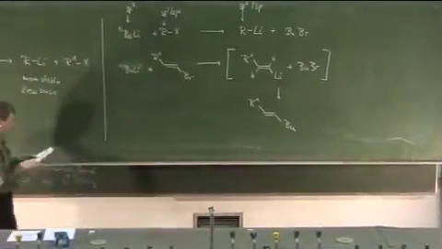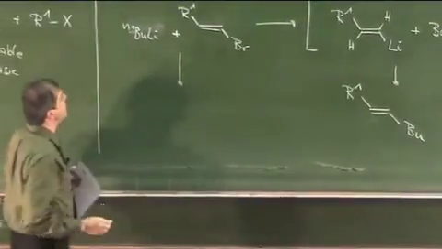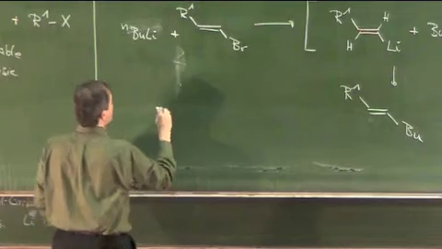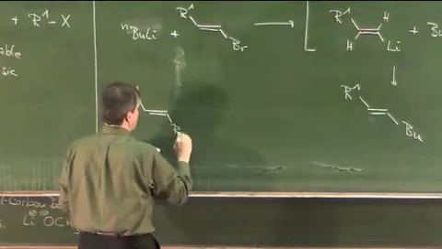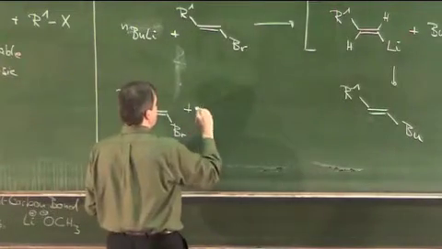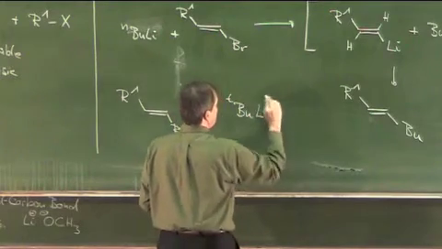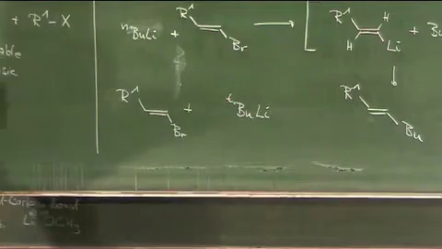And again, there's a nice trick to do this. That you start with your vinyl halide, and now as the base you're using not the n-butyl lithium, you're using the tert-butyl lithium.